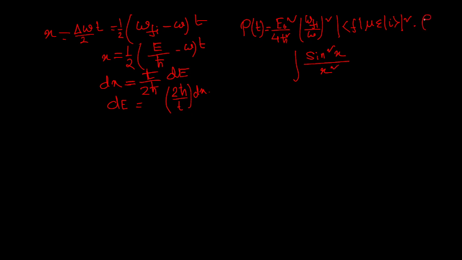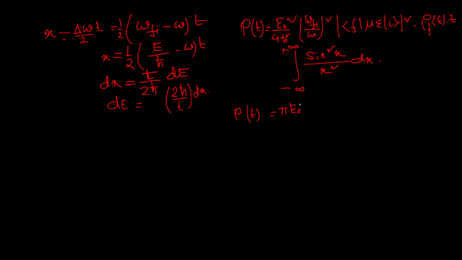Now this part will come out, and as you know, 0 to infinity we can write as minus infinity to plus infinity, dx. So this part will come to pi.